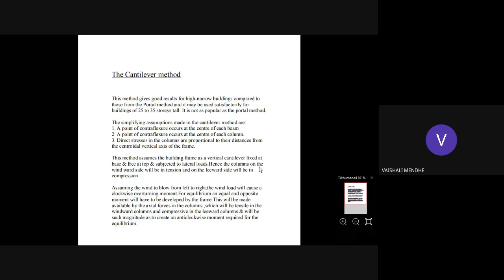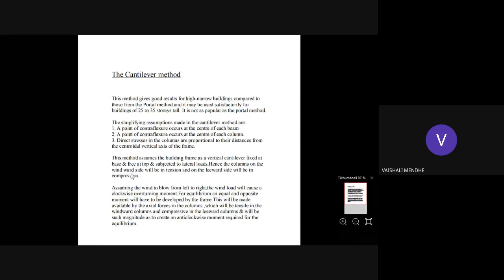Hence the columns on the windward side will be in tension and on the leeward side will be in compression. This is one of the assumptions: as this is a cantilever frame, you know the windward and the leeward side of the frame.